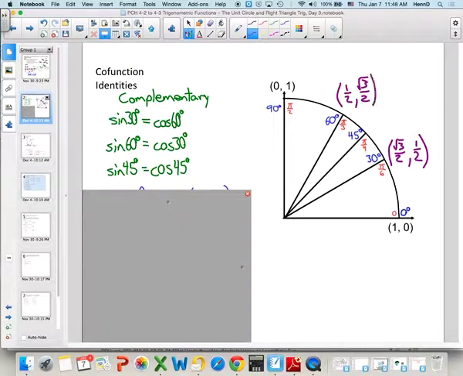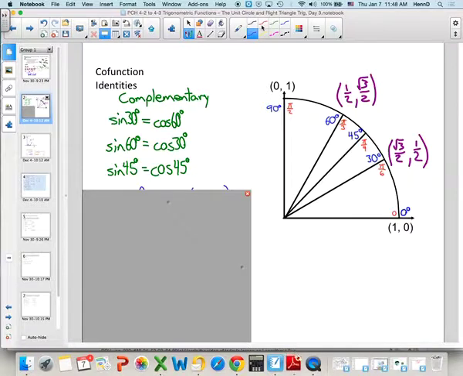Notice the sine of 30 equals 1/2, and the cosine of 60 equals 1/2.